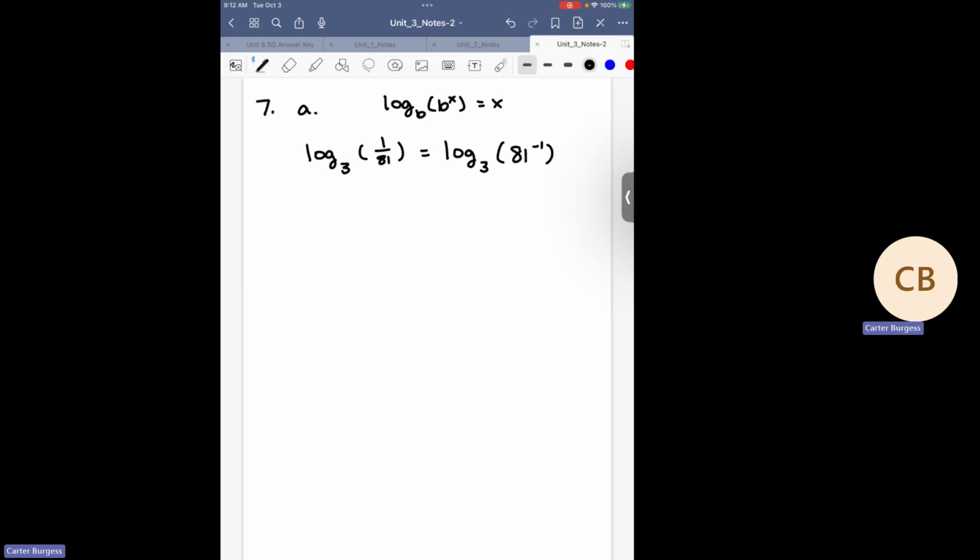And 81 is 9 squared, 9 is 3 squared. So this is going to be log base 3 of 3 to the 4 to the -1. And I combine the base to a power, combine these with multiplication. I get log base 3 of 3 to the -4, which is just going to be equal to negative 4.